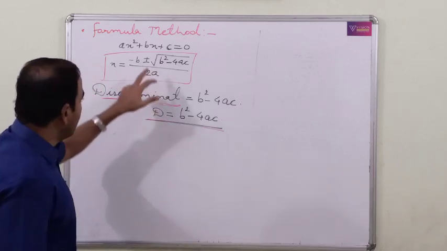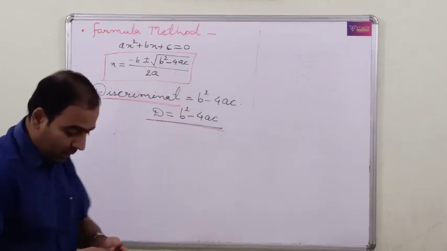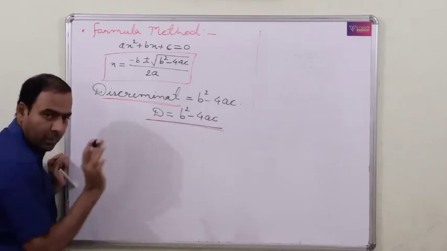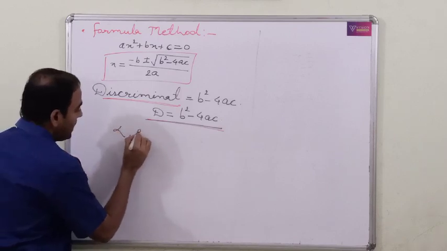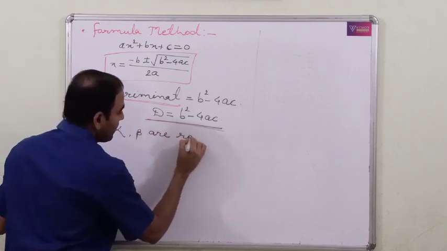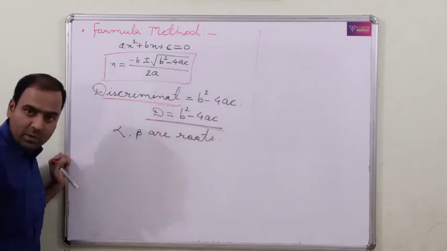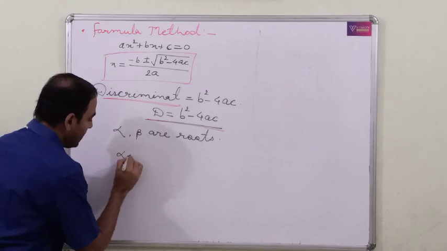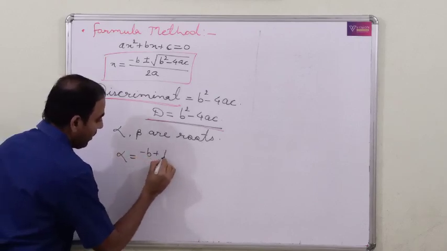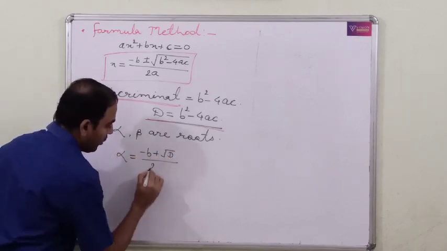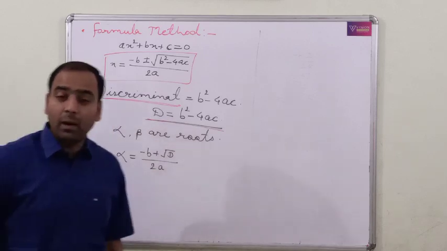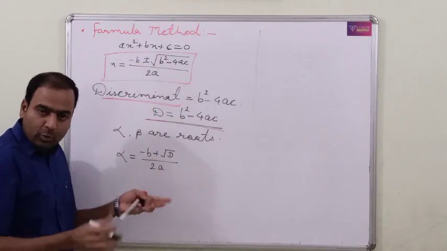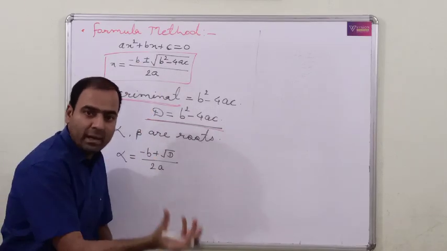But we are taking here first time positive and second time negative. So the roots of the equation are called alpha and beta, the roots of the given equation. So generally we take alpha as minus b plus under root D upon 2a. What is alpha? Minus b plus. यह प्लस और माइनस है, तो एक बार प्लस लेंगे, एक बार माइनस लेंगे.